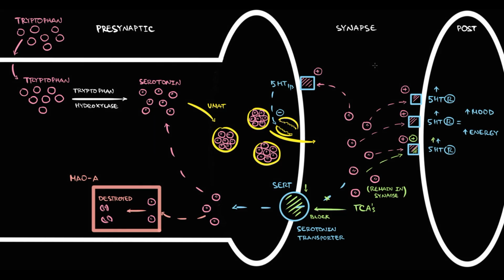With time, because the serotonin transporter is now blocked, in the same fashion, even more serotonin molecules accumulate in the synapse. The higher the amount of serotonin molecules in the synapse, the higher the stimulation of serotonin receptors, and thereby, potentially, the better becomes the mood and the more energy increases.